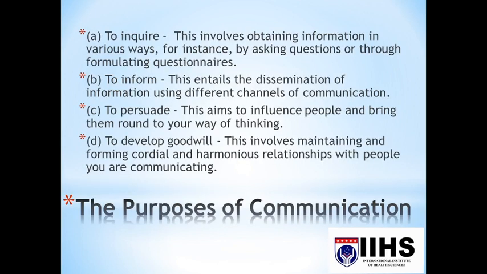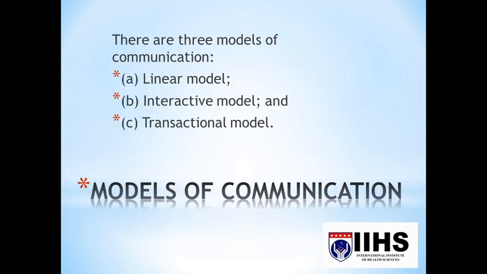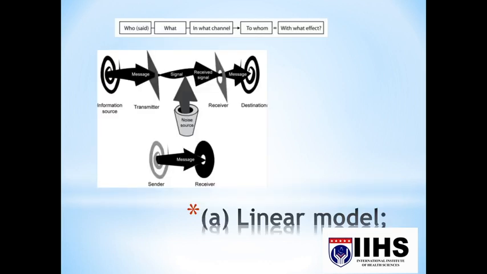The purpose of communication. Generally, they are to inquire, to inform, to persuade, and to develop goodwill. According to your module, there are three models of communication: linear, interactive, and transactional.